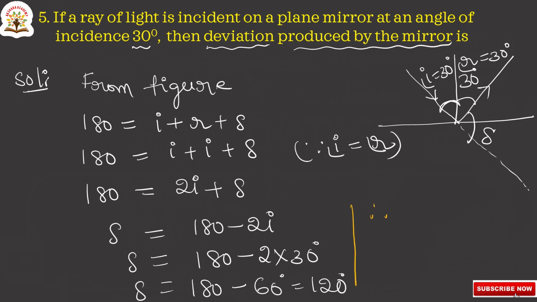Therefore the deviation produced by the mirror, this is delta, is equal to 120 degrees. This is the final answer. Okay, next we will go to the next question.